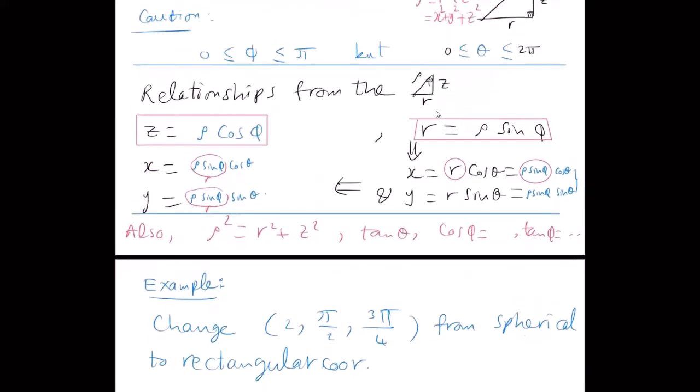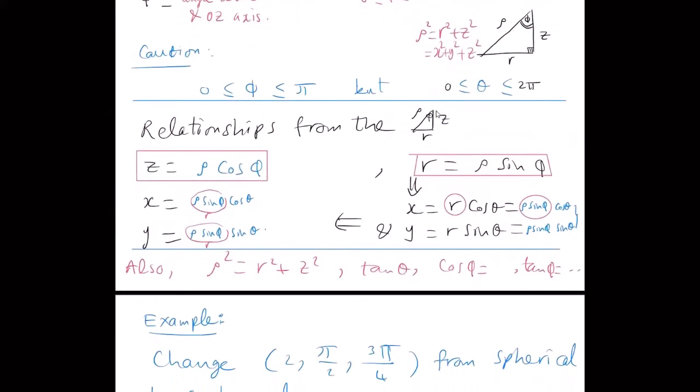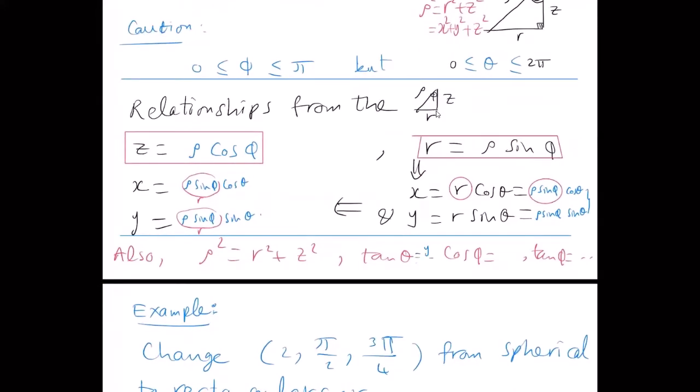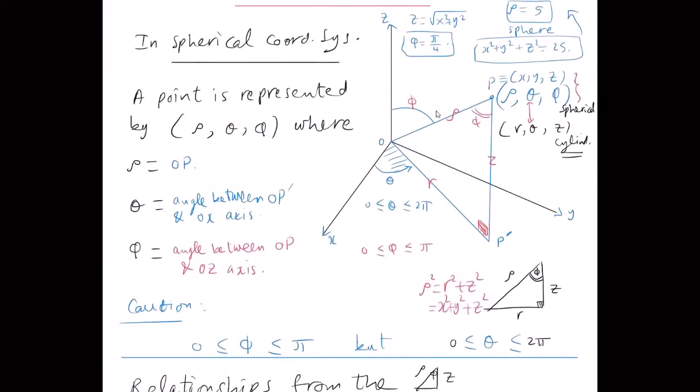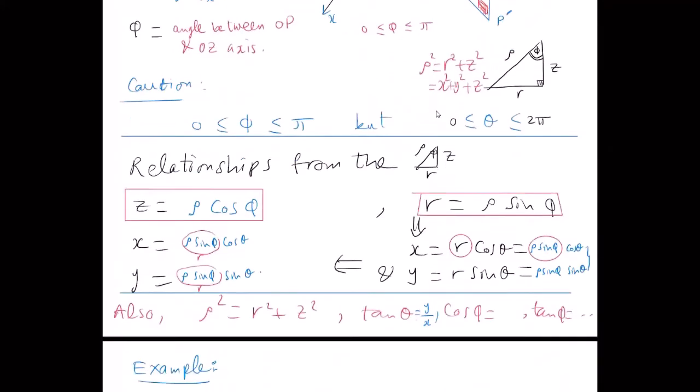Tan theta, as usual, is y over x. Cosine phi from this triangle is z over rho.